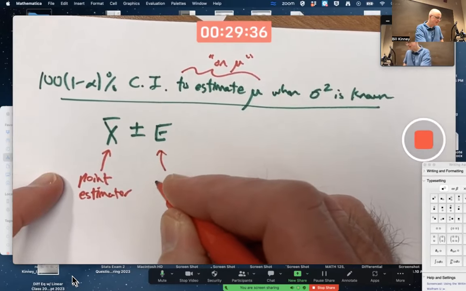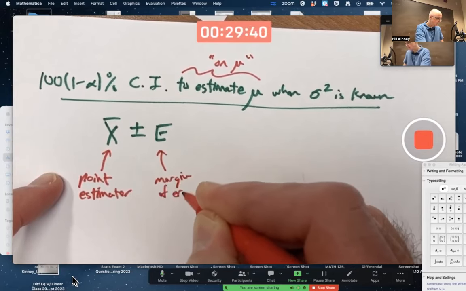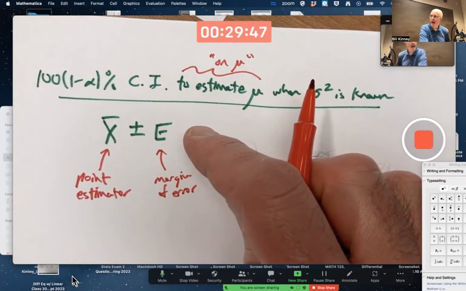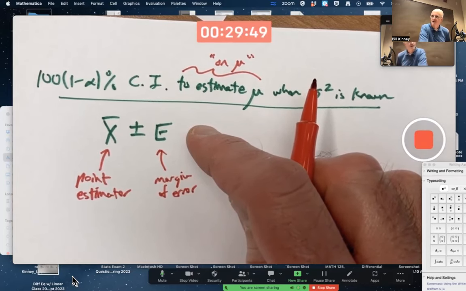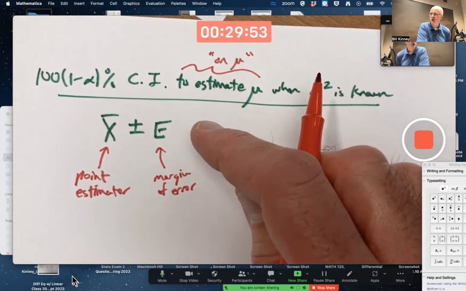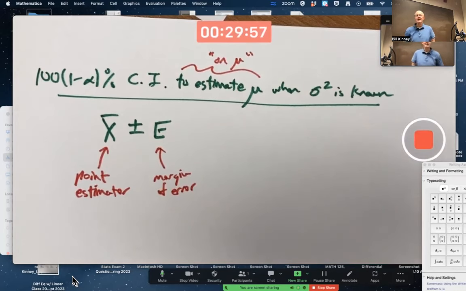E is the margin of error. I will tell you that some books don't call it E, some books call it M for margin. But I'm aware that Dr. Wetzel likes to call it E for error. I did make it a capital E here, though.